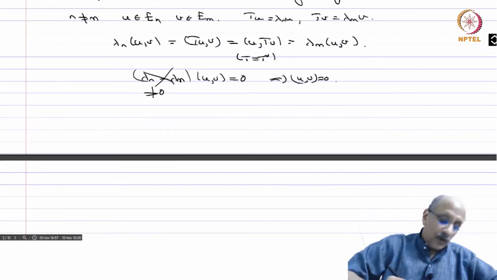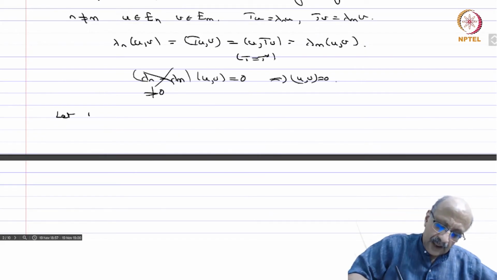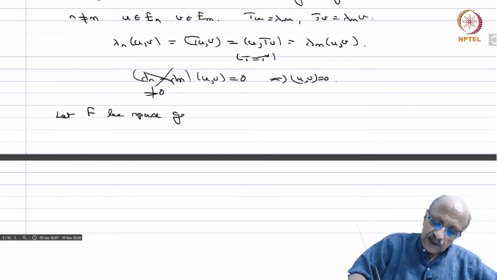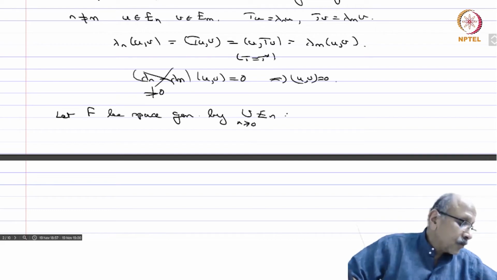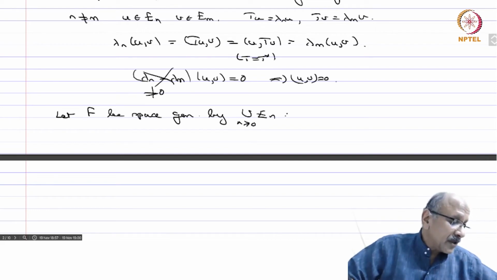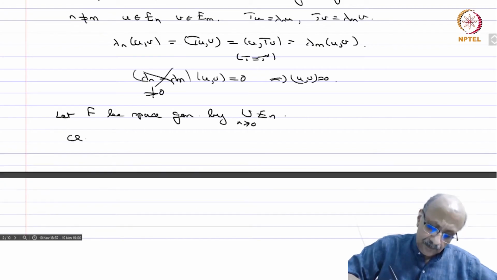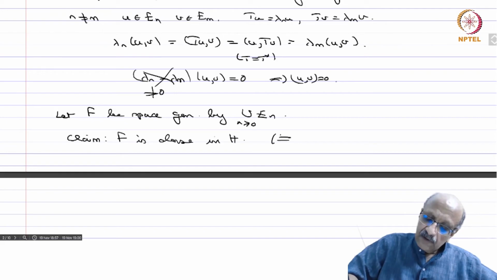So now let F be the space generated by the union of E_n, n greater equal to 0. So you put all these spaces together. So claim: F is dense in H, which is equivalent to saying F perp equal to singleton 0.